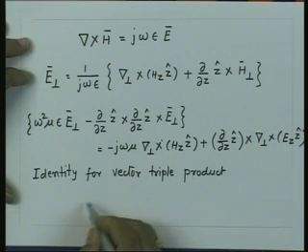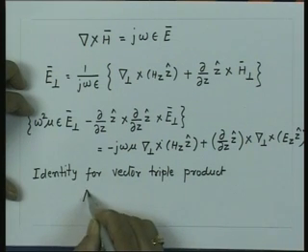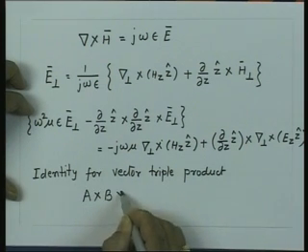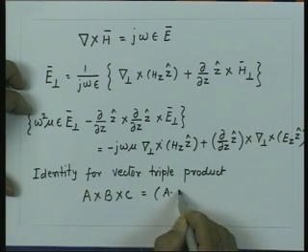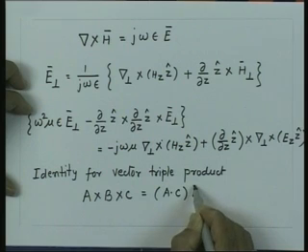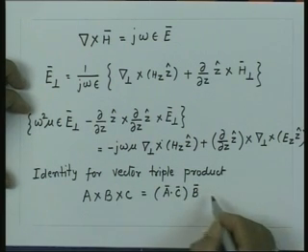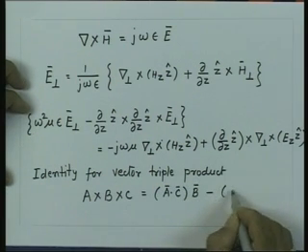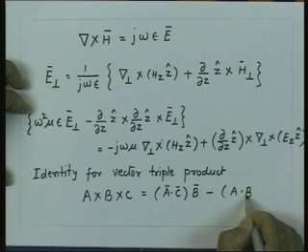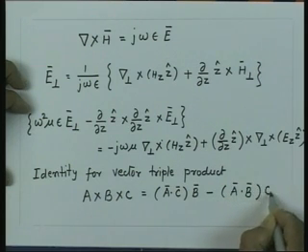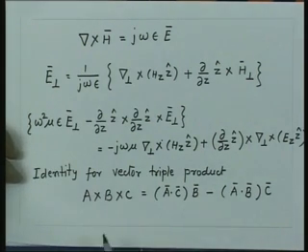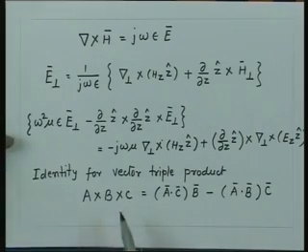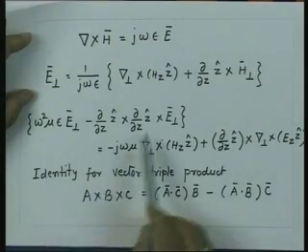If I have 3 vectors A, B, C, then the triple product A cross B cross C is equal to A dot C times B minus A dot B times C. So, using this vector identity, I can look at each product here.